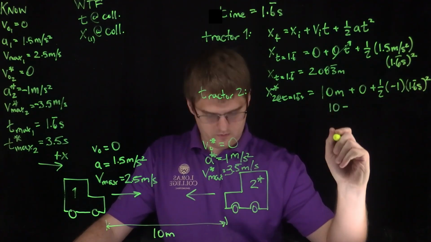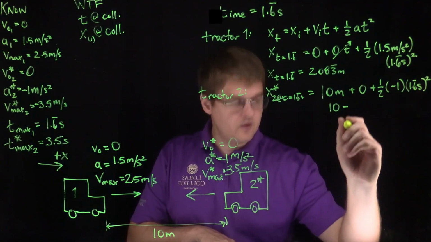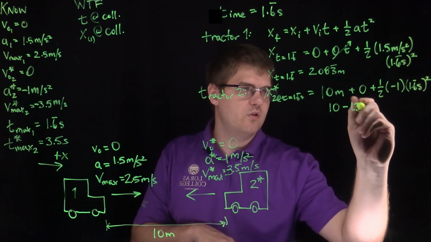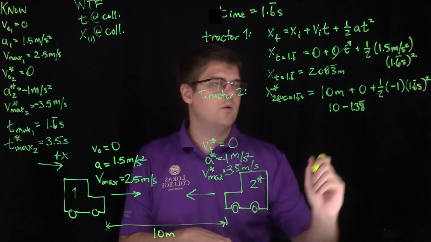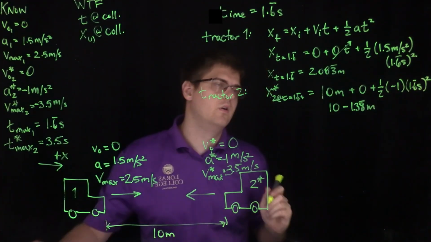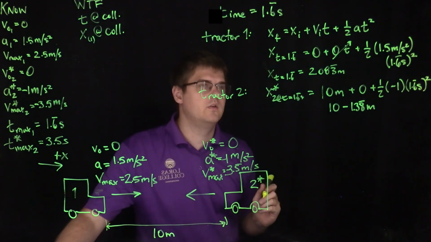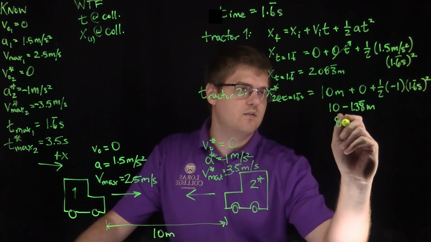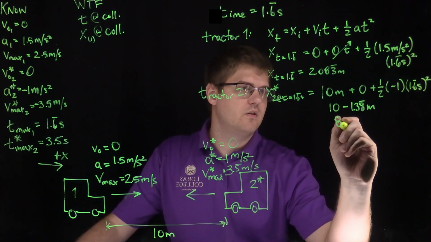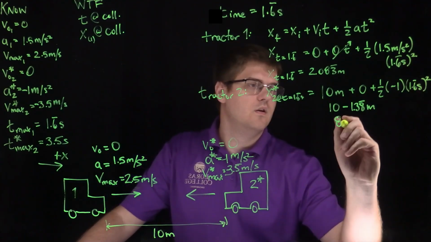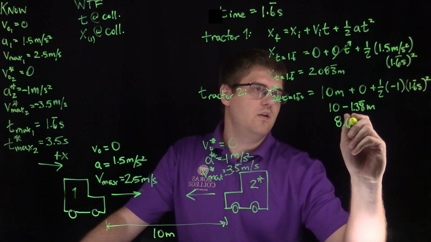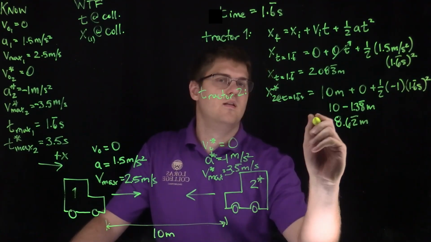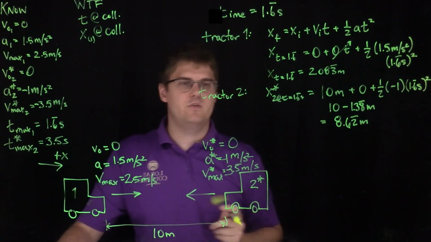So 10 plus 1/2 times all of that is going to show me that it has gone 10 minus, it's gone, there's a decimal, 1.38 repeated meters. So that is, I did not write this guy down. It's going to be at a position of 8.62 repeated meters.